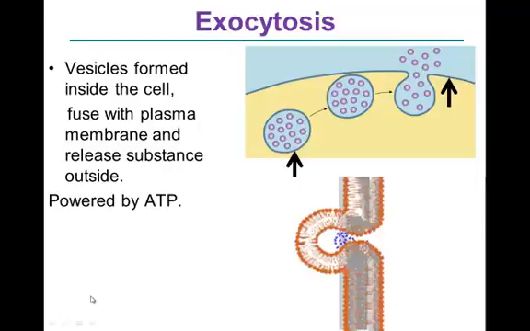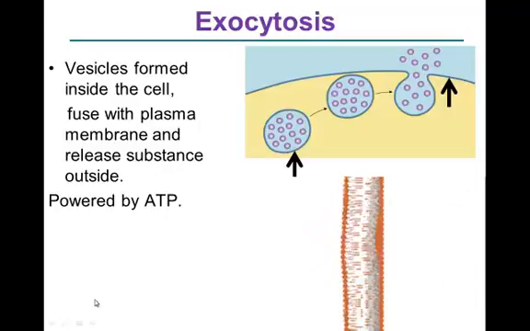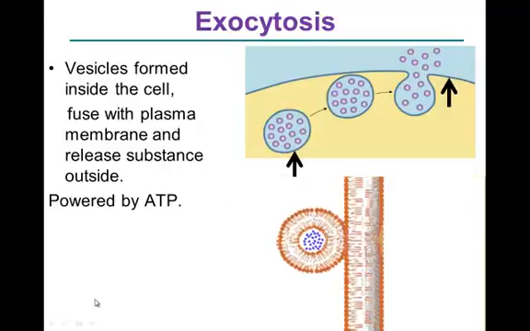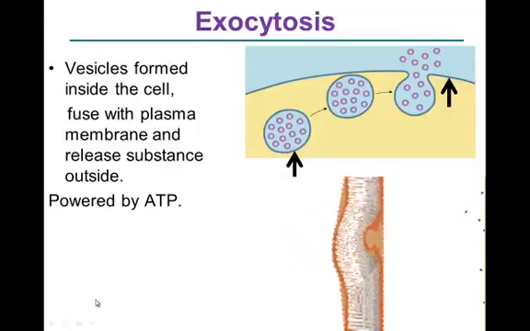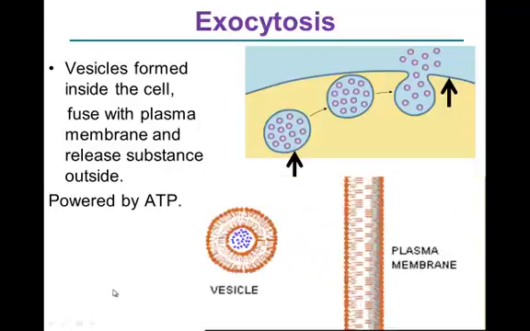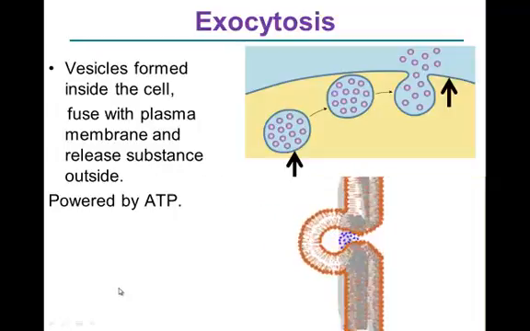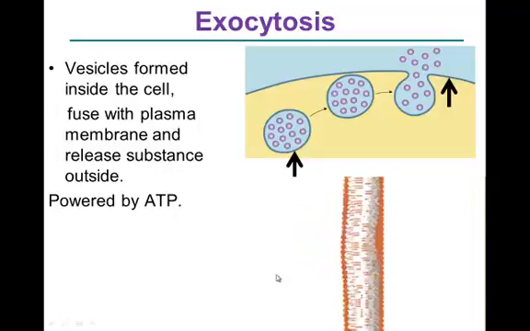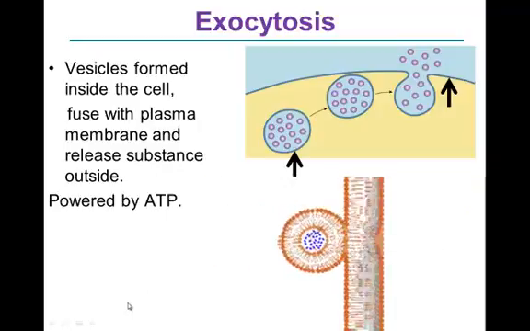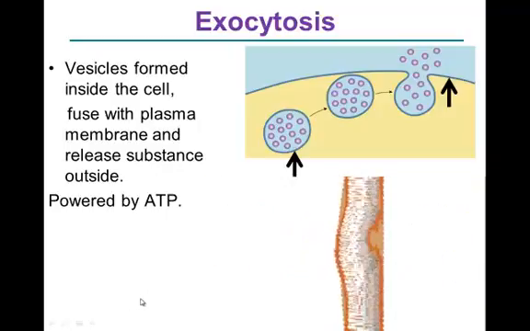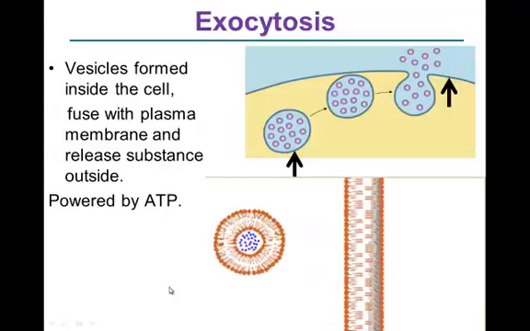Here we can see a little animation showing the same action. The vesicle comes over, fuses, and the contents of the vesicle are released to the outside of the cell. So that's exocytosis. Many cells that secrete things, some glandular cells, work in this way.